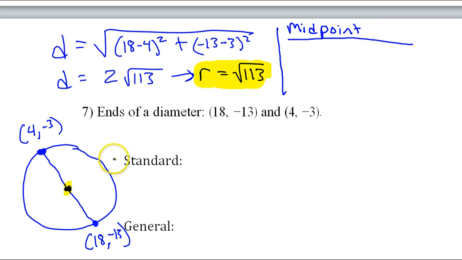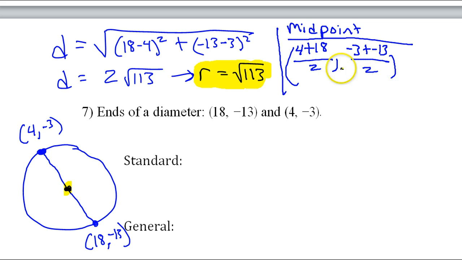And remember, for the midpoint, you take the average of the x's and the average of the y's. So that's going to be 4 plus 18 divided by 2, the average of the x's. And then negative 3 plus negative 13 divided by 2, the average of the y's.